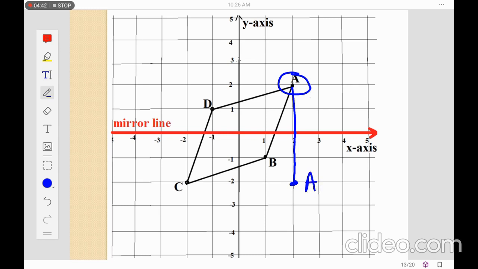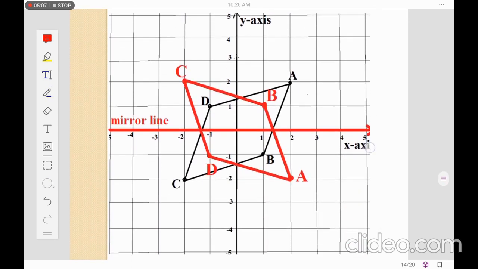We have our A there. We do the same for B, 1 unit vertically, so we have our B there. We do the same for C, 2 units, so we have our C there. That's basically how we'll be doing it. We'll be checking the points and seeing the distance from the mirror and so forth.